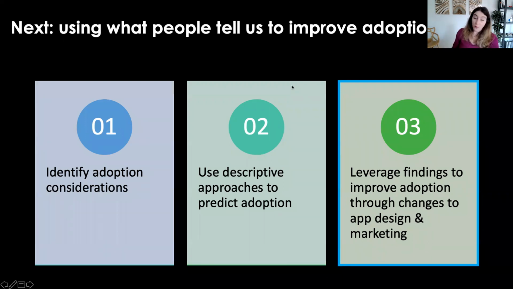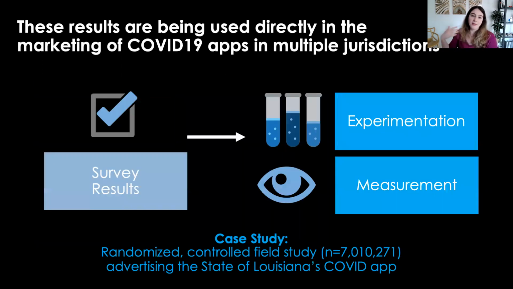Of course, we can require it, which some countries did do, but in countries where we don't want to require use of the app, we want to be able to use the results of our research in terms of what was most important to people, how they wanted it framed, et cetera, in order to try to improve uptake of the app. And so I will present one case study of one of the jurisdictions that we worked with on marketing their COVID app, which was the state of Louisiana.